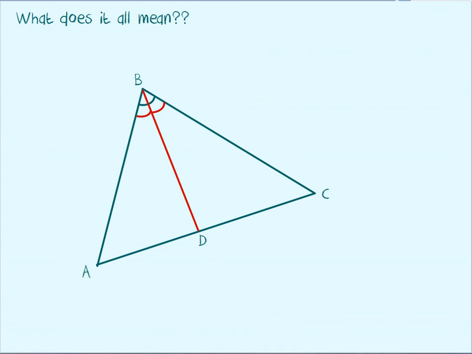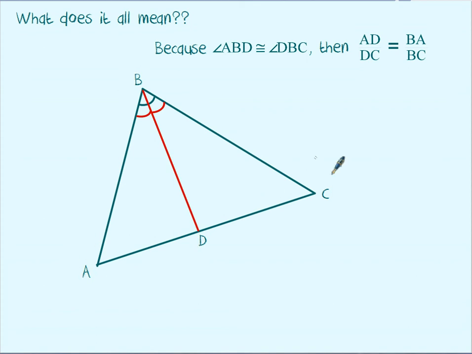Alright, so what does all of that high-tech mumbo-jumbo mean? It means that because angle ABD, this half of my angle, is congruent to angle DBC, this half of my angle, then AD over DC is equal to BA over BC.